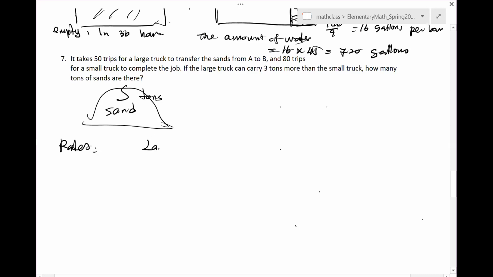This will be the larger one, that will be the small one. The larger one will be S divided by 50, the small one will be S divided by 80, right? So the difference should be equal to 3. So if you solve the problem like that, then you can quickly get the answer.